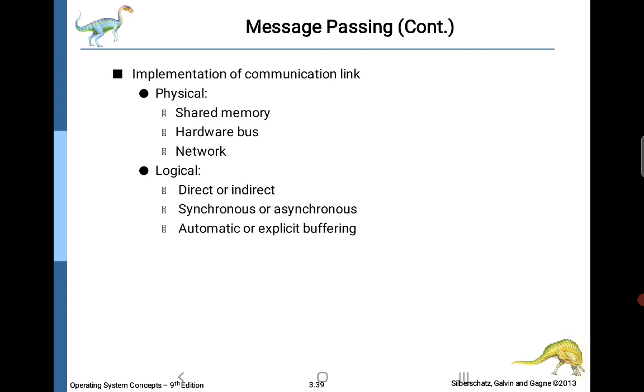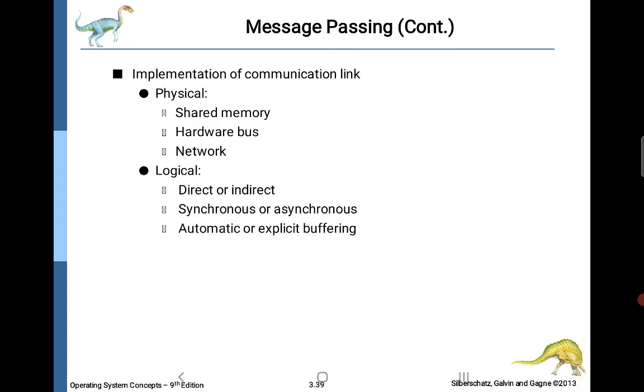To answer these questions, we have to think and search, and we have to understand why and how this communication needs to happen. Usually, implementation of the link can be either physical or logical.